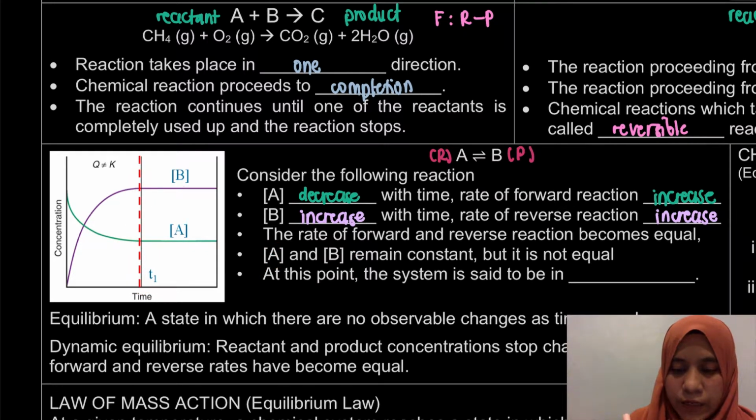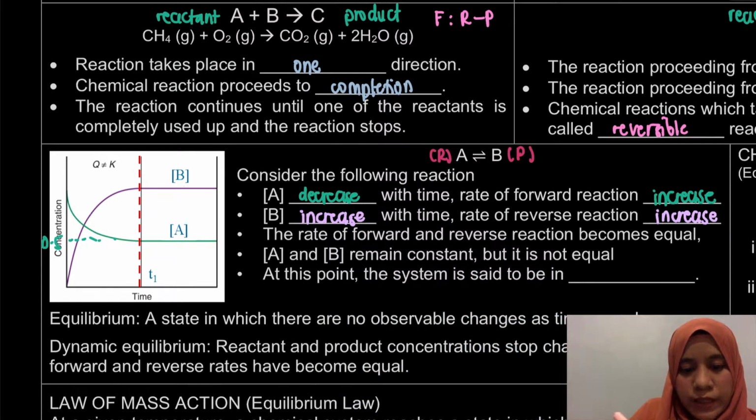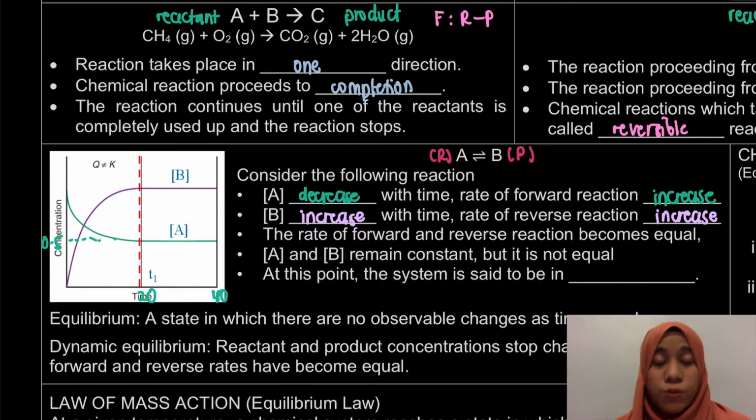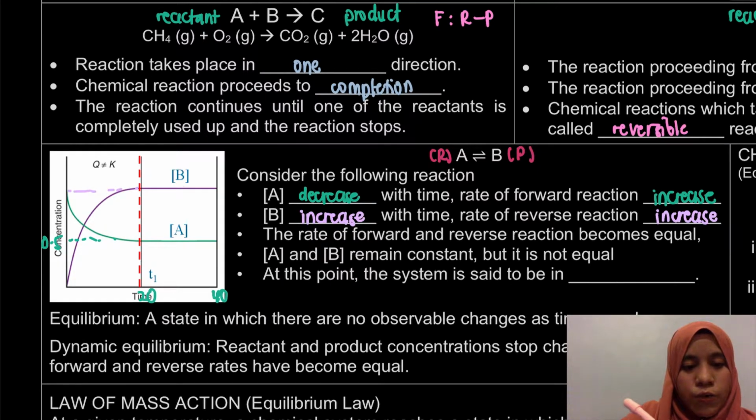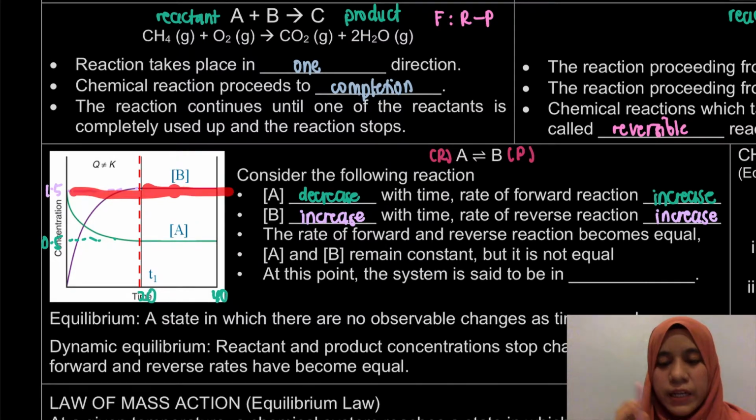So, for example, here the concentration of A is 0.5. For example, this time here is 20 seconds. Here, for example, at 40 seconds, the concentration is still 0.5. For B, for example, here we make the concentration 1.5. Okay. So, even though the reaction proceeds and time increases, the concentration stays the same. That is what the one straight line means.